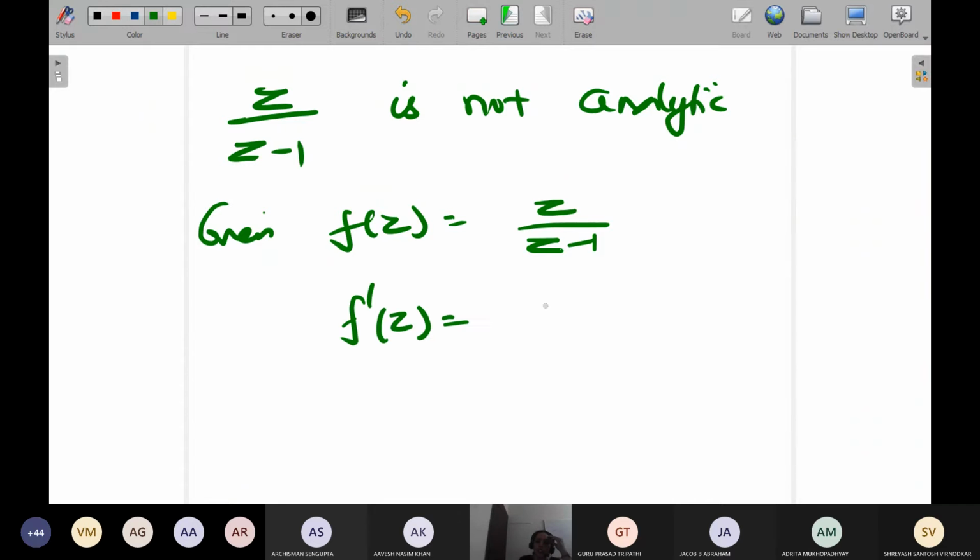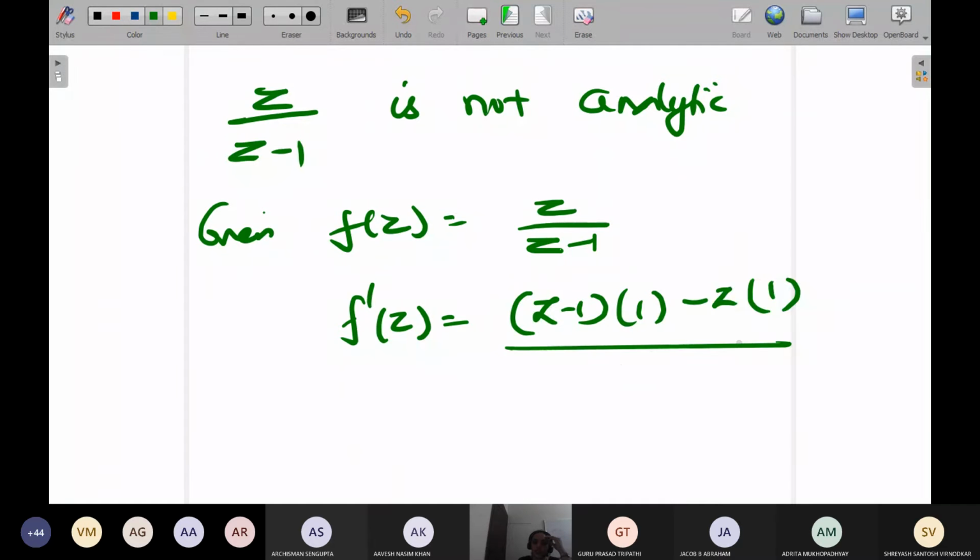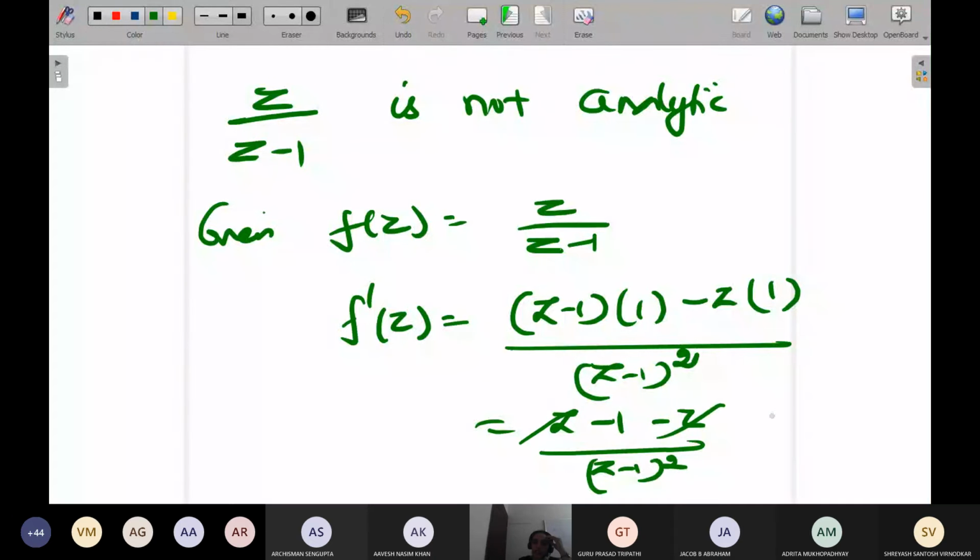What will be the derivative? z minus 1 into 1 minus z into differentiation of 1, divided by z minus 1 the whole square. So you will get z minus 1 minus z divided by z minus 1 the whole square. So plus z minus z will get cancelled. You will get minus 1 divided by z minus 1 the whole square. F dash of z is equal to that.